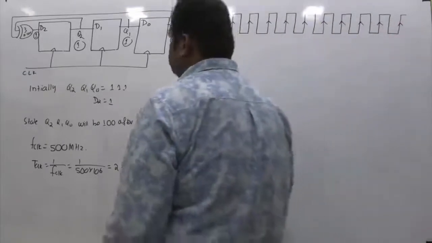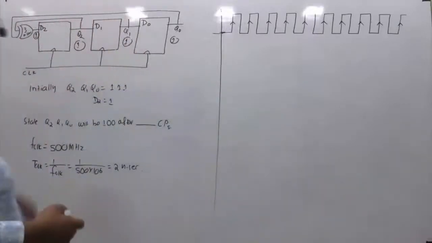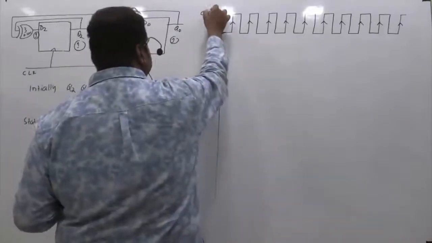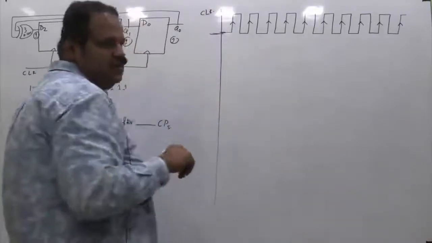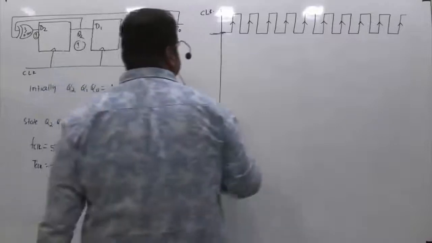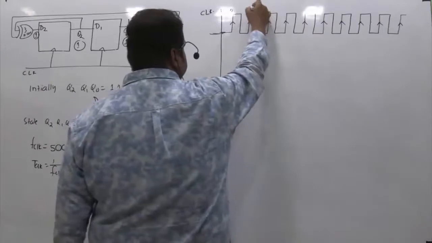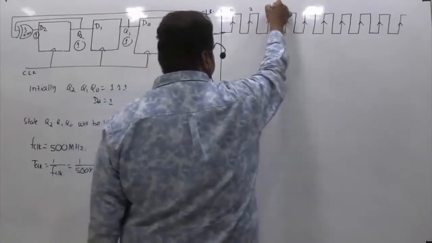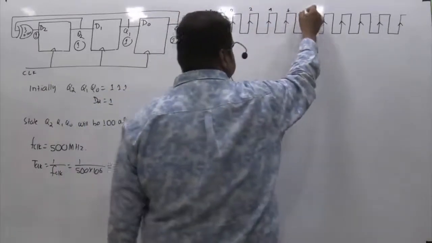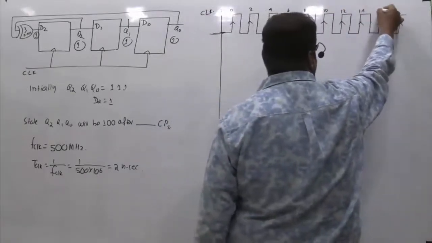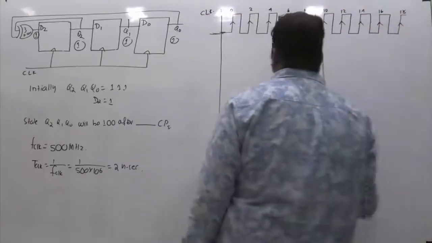So positive edge, because the triggering is positive edge triggering from the symbol. So I'm highlighting the positive edge. So this is your clock signal. Let us say this is t equal to 0. That means this is happening at t equals 2, t equals 4, 6, 8, 10, 12, 14, 16 and 18.